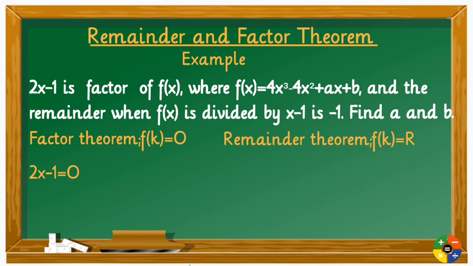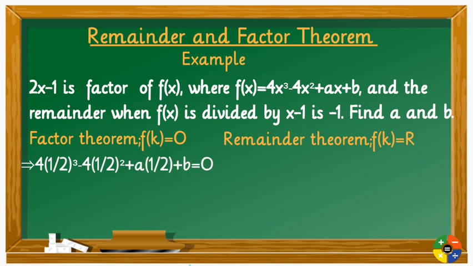Substituting half into f of x, we obtain 4 into half cubed minus 4 into half squared plus a into half plus b is equal to 0. Simplifying gives half a plus b is equal to half. Now multiplying both sides of the equation or each term by 2 simplifies to a plus 2b is equal to 1. We can call this equation 1.